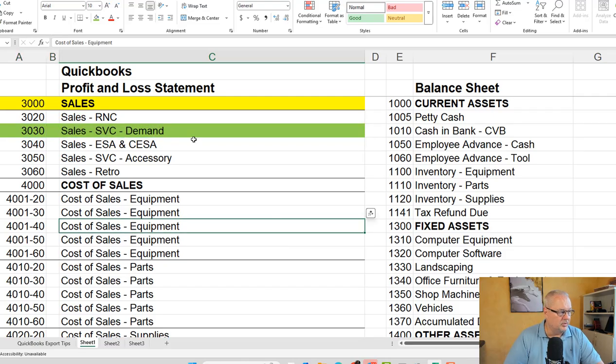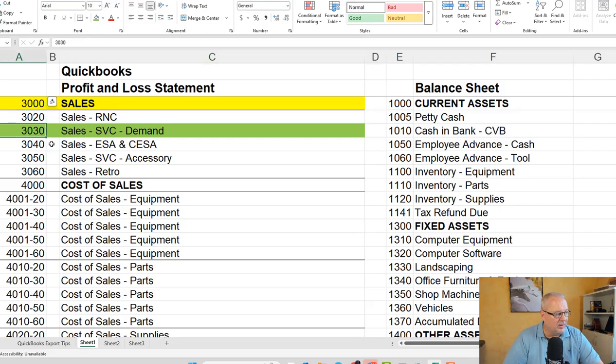That's your service department, standard, right? That would be a subset. And so, let me back up. When I enter in that sale, I don't put it in 3,000, I put it in 3,030. It's still part of 3,000, so I can run a sales report. But if I run a report on 3030, it only lists the repairs as a department.